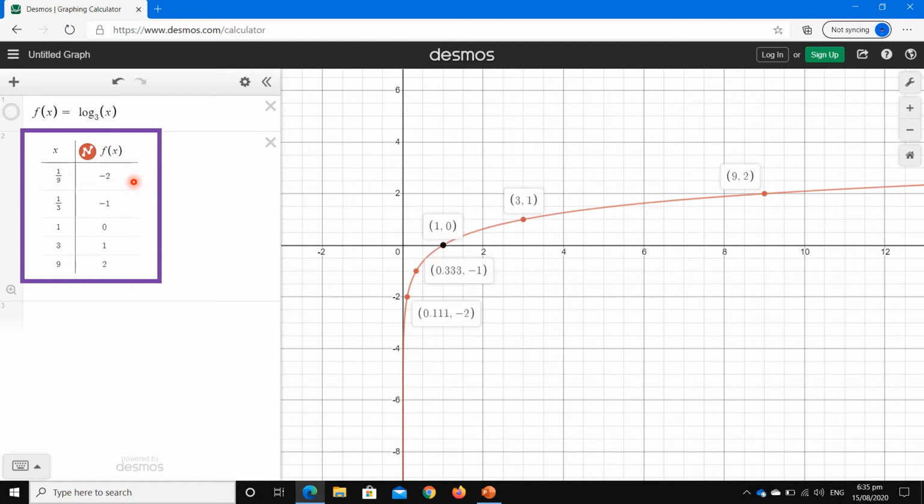Now that we have these points, we will plot them. So we have 1/9 or 0.11, -2; 1/3 or 0.33, -1; 1, 0; 3, 1; and 9, positive 2. Connecting these points will give us our graph of the function.